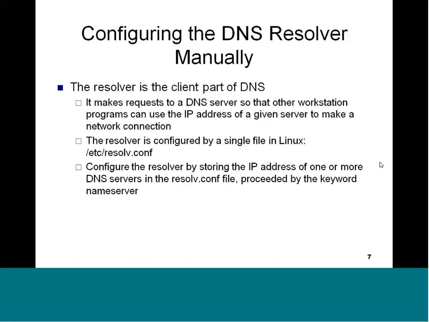This particular rule is also known as the LDH rule, which is letters, digits, and hyphen. Usually the domain names are interpreted in a case independent manner. So lowercase IBM and uppercase IBM mean the same thing.